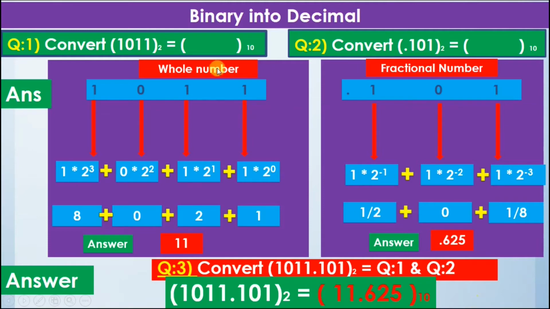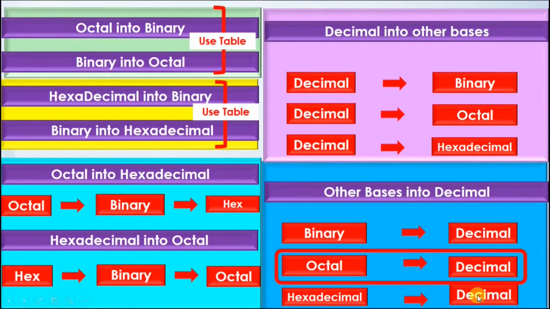This is how we can convert binary into decimal using whole numbers, fractional numbers, or a number that has a whole part as well as a fractional part. I hope you understand it. Now we have covered how to convert binary into decimal. In the next section, we will see how to convert octal into decimal.